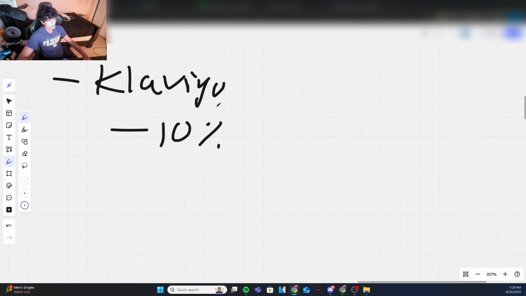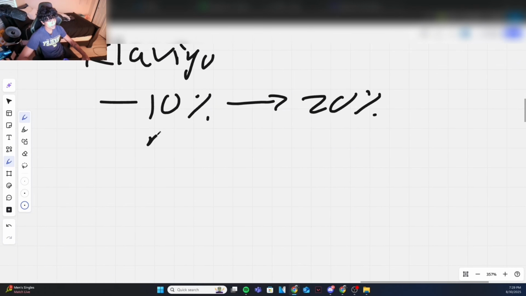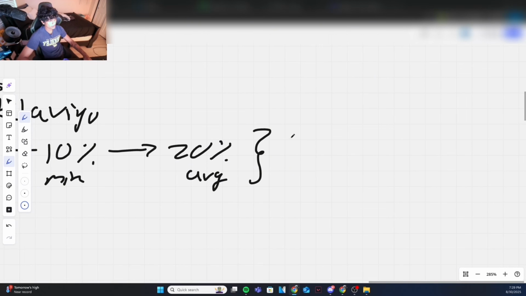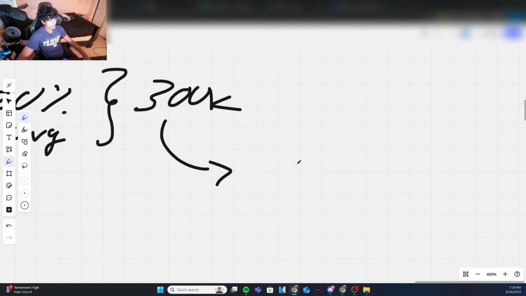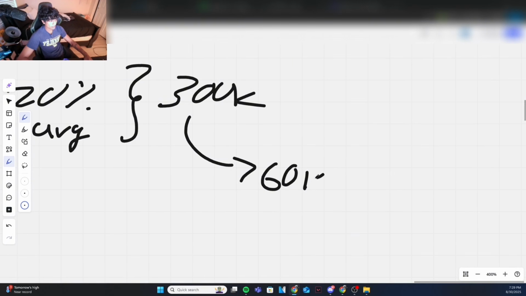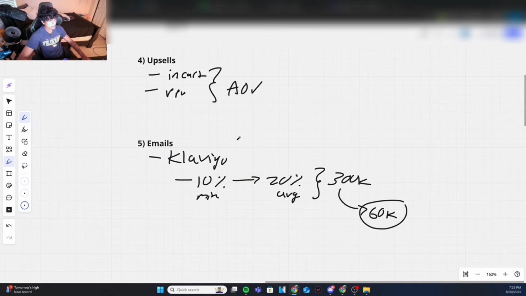So usually you'll have about 10% minimum attribution. This should be honestly like 20% if anything, but 10% is the minimum. 20% is usually the average. So let's say you're doing like 300k months, right? Literally from this, you're going to have at least 60k coming from emails, campaigns and stuff, which is all basically pure profit because there's no ad spend in it. It's all old customers. So emails is super good.